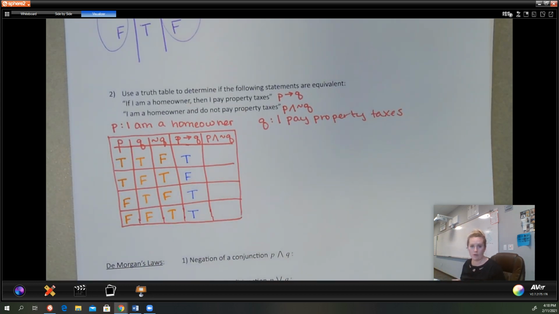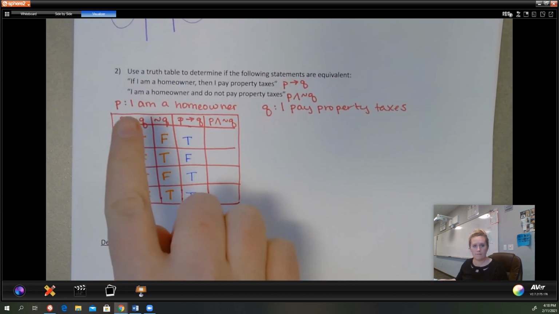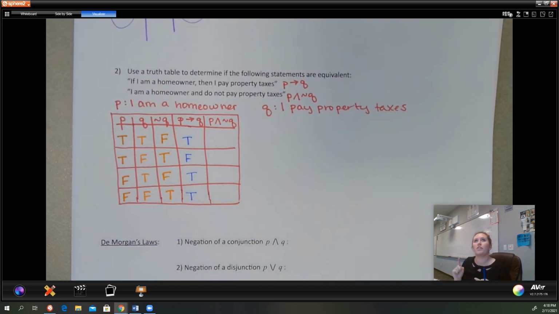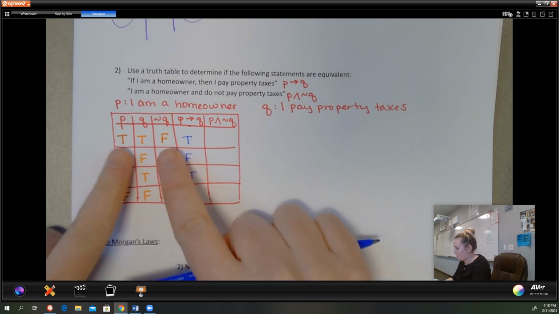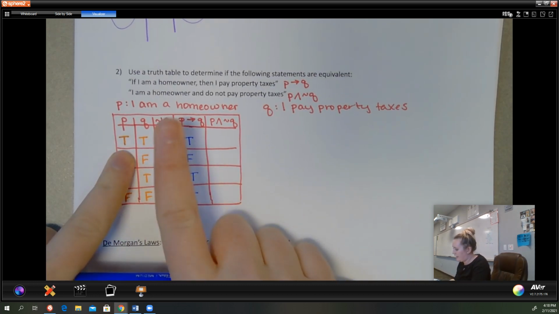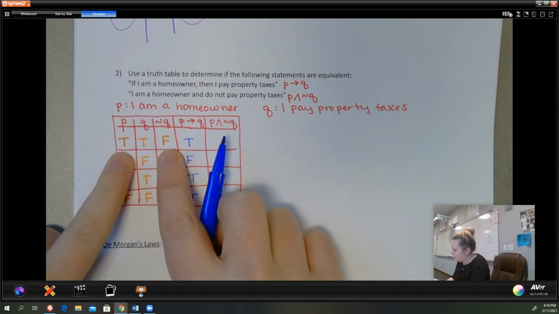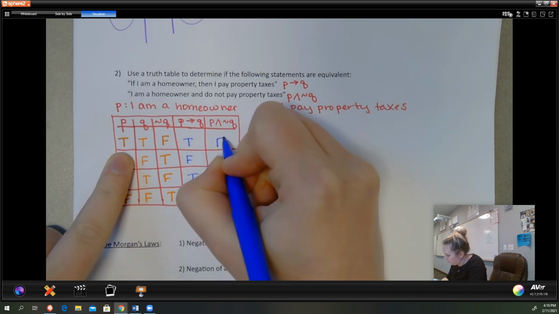All right, now we're going to do P, the first row, and not Q. Remember for and, the conjunction, both have to be true for it to be an and. So we've got P and not Q. P is true, not Q is false, so this is false.